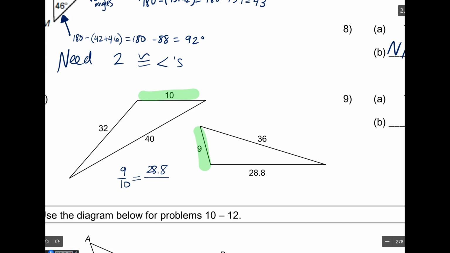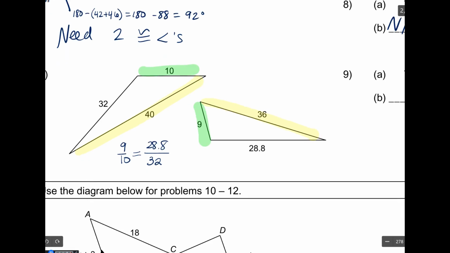The biggest side on this triangle has to go with the biggest side here. So the yellow shows the biggest. The green, the smallest side, has to line up with the smallest side. So since 28.8 is right in the middle, you have to use the other one that's right in the middle, which is 32. If you put 28.8 divided by 32 into your calculator, what do you get?